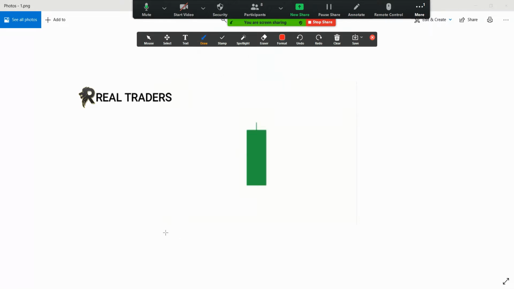Okay, suppose we have a trend and this is an uptrend. When you see this type of strong candle, not very strong, it is a medium one, we also need to always check the levels. If we have any level here, we cannot decide directly.